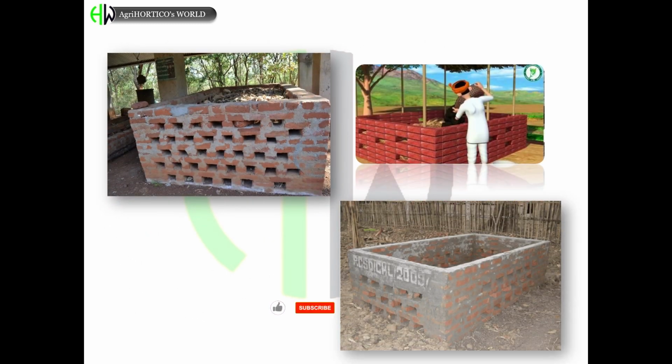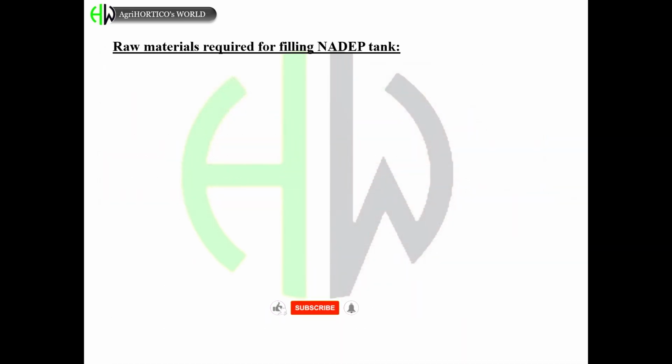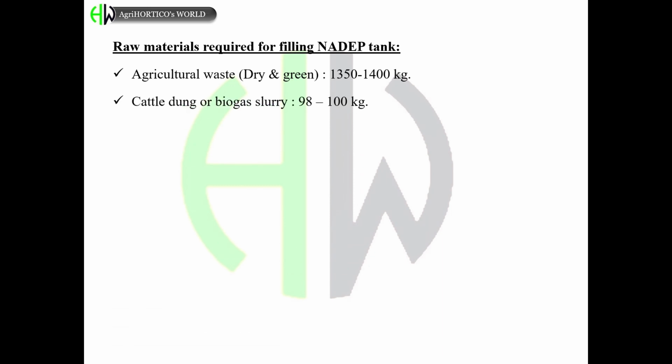And next, what are the raw materials required for filling the Nadef tank? The agricultural waste, either dry or green, about 1350 to 1400 kilograms. Cattle dung or biogas slurry about 98 to 100 kilograms, then fine sieved soil about 1675 kilograms, and water about 1350 to 1400 liters.